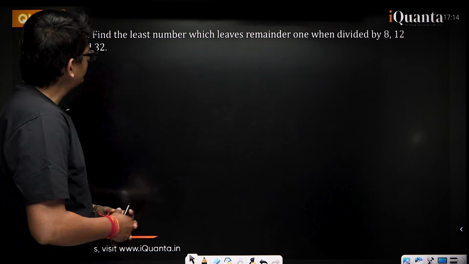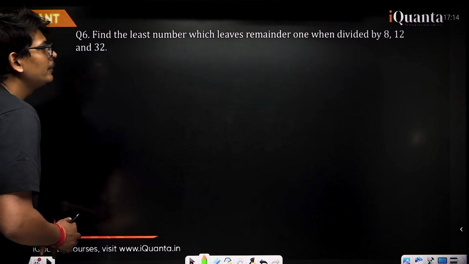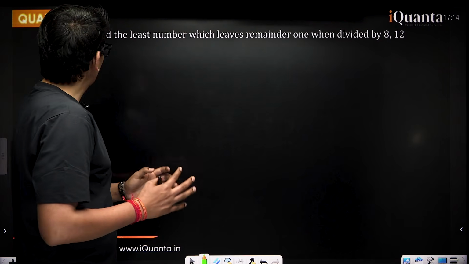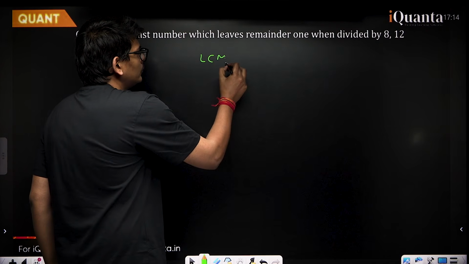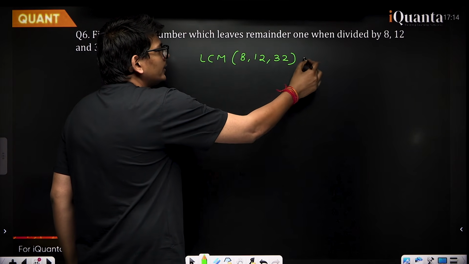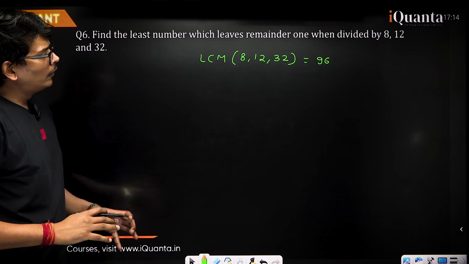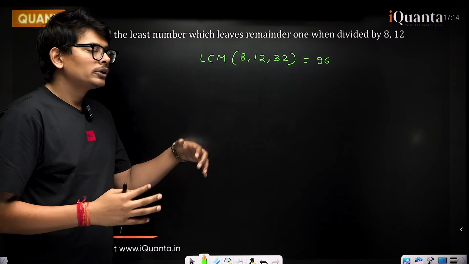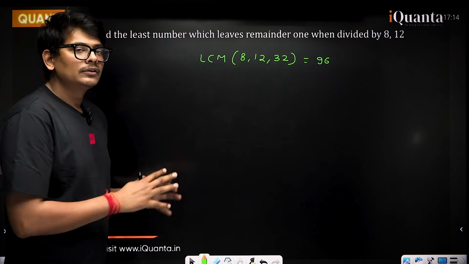So next question is find the least number which leaves remainder 1 when divided by 8, 12 and 32. So what we have to do? First of all, we have to take LCM of 8, 12 and 32, which we have already taken in the previous question as well, that was 96. Now, if you try to understand this question with the previous one, in the previous one you were getting remainder as 0, so my answer was 96.